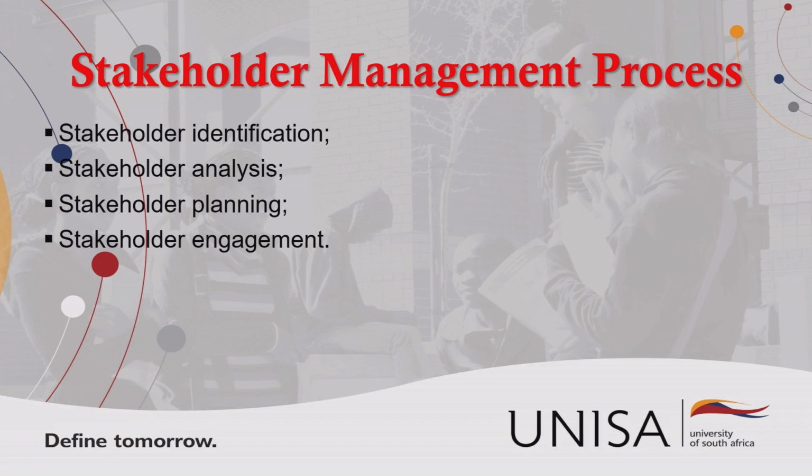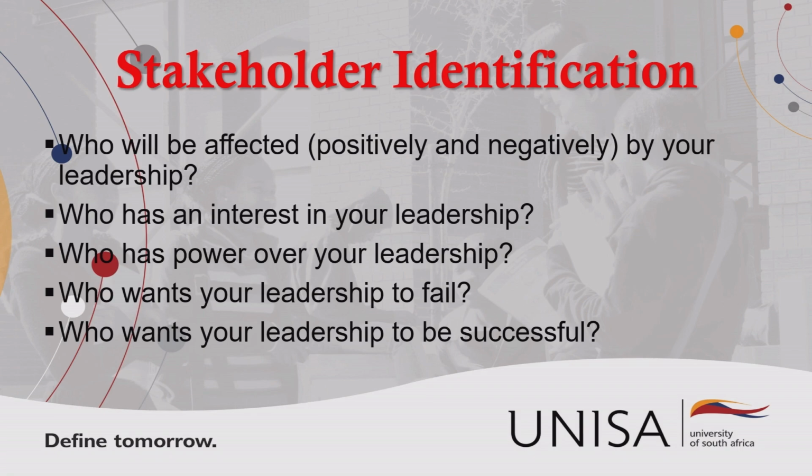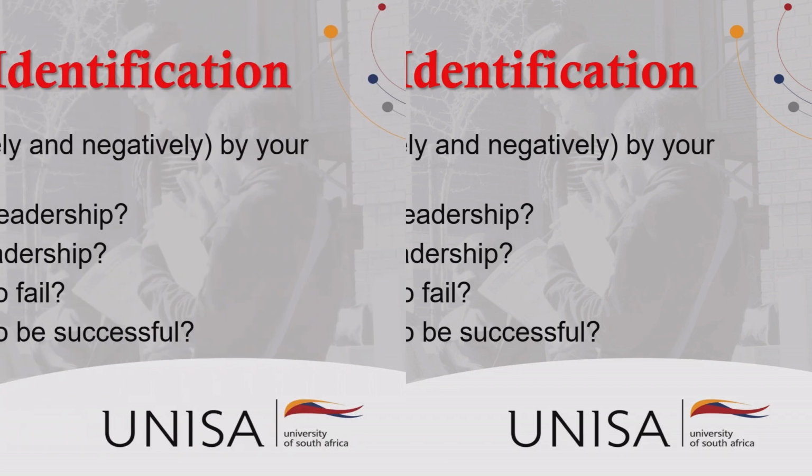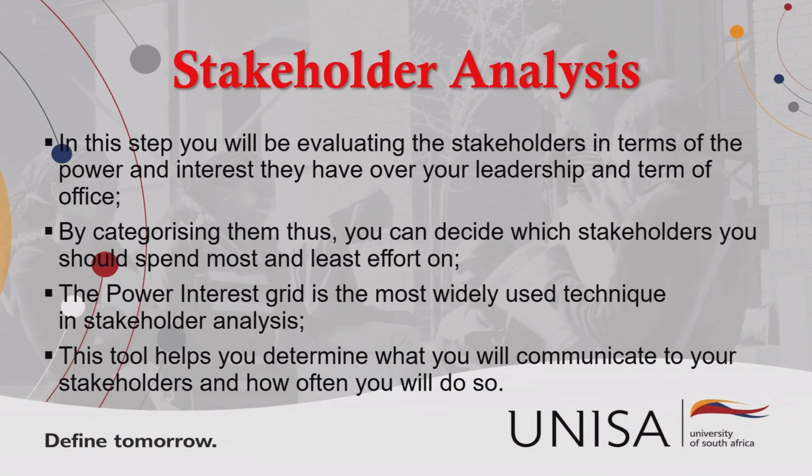And lastly, stakeholder engagement. When you speak about stakeholder identification, it's really about listing them, identifying who they are, what level of power they have over you as the SRC. Who wants the SRC to fail, right? Are there structures that want the SRC to fail? Who wants the SRC to succeed? That's when you begin to identify who your stakeholders are.